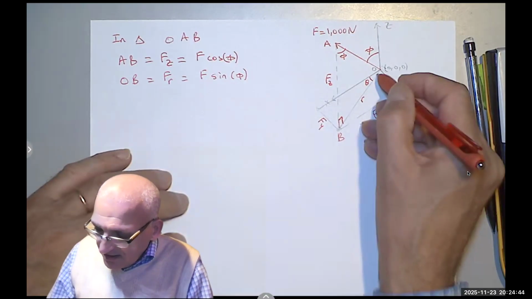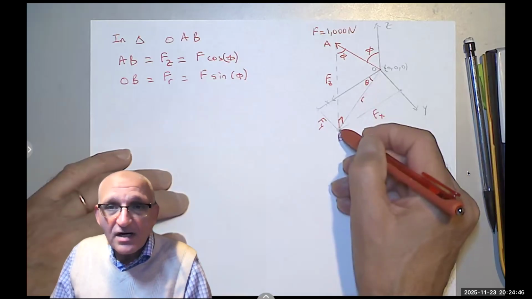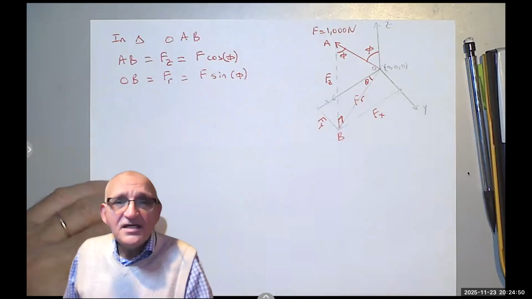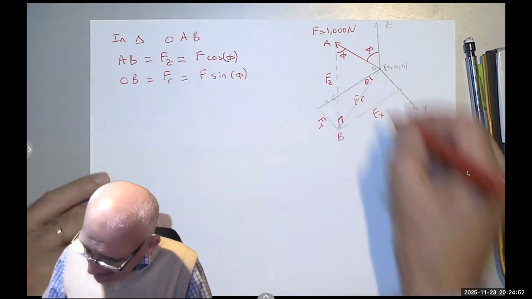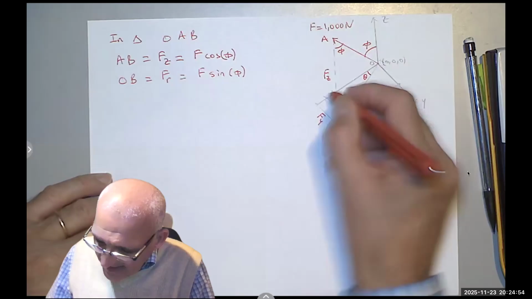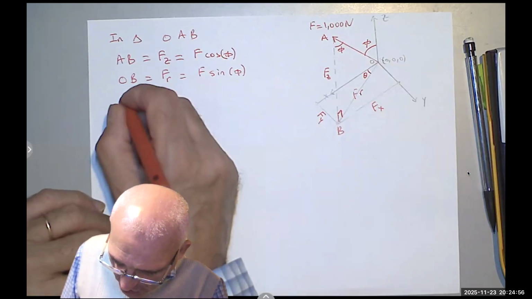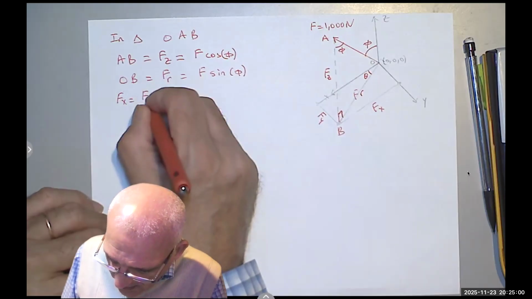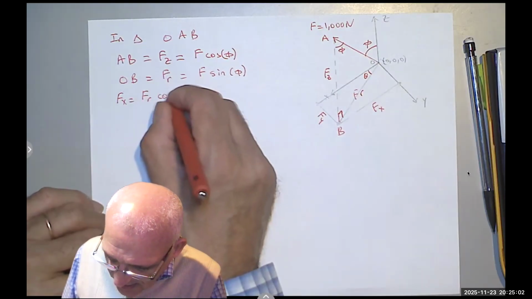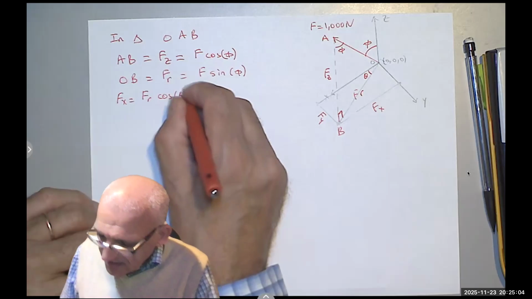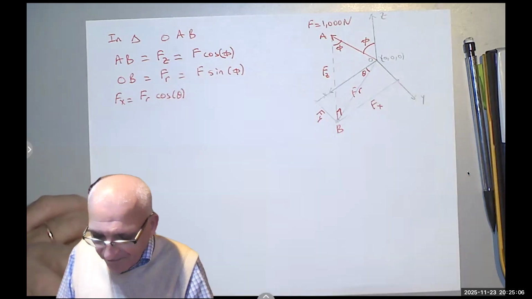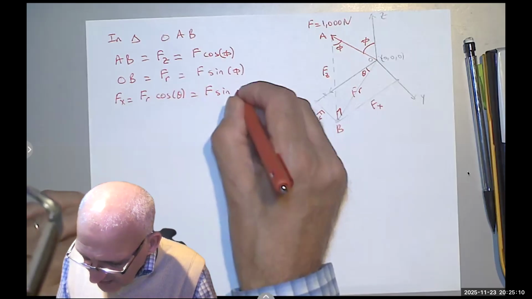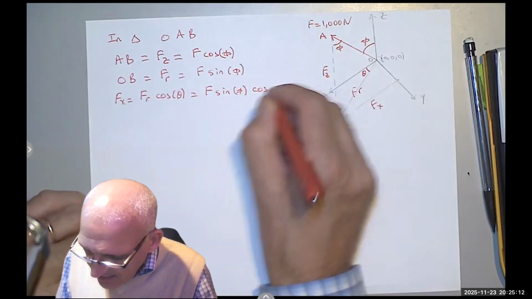And finally, now I treat F sub R as a 2D problem. The angle between FR and the x-axis is theta. So F sub x is FR cosine theta, because it's the adjacent to it, which can be written as F sine phi cosine theta.